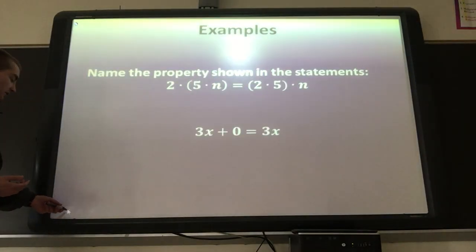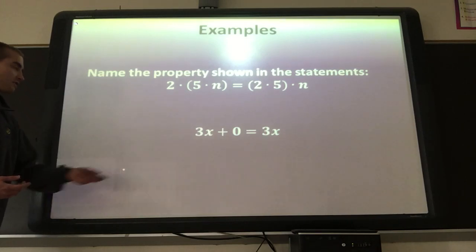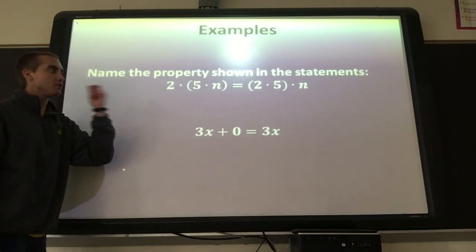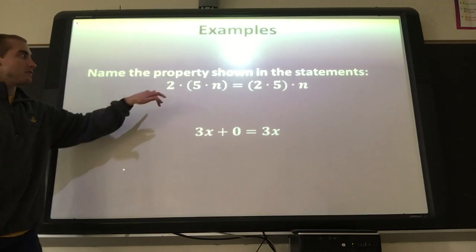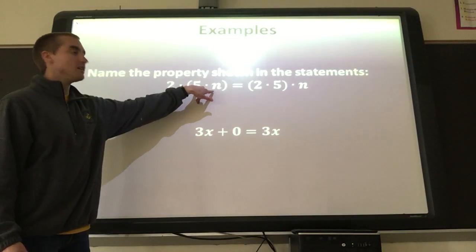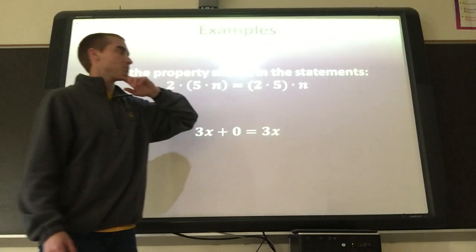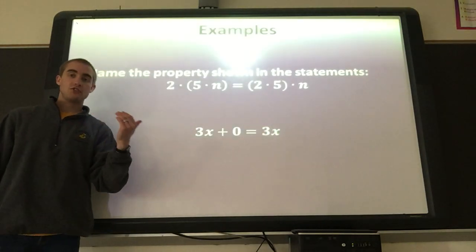So the way that our examples are going to work in this section is they're going to show us a couple of problems, and then we've got to state, okay, what's the property shown in that statement. So for this first one, notice what's happening. In this case, the 5 times n is in parentheses. This time, the 2 times 5 is in parentheses. The order doesn't change.